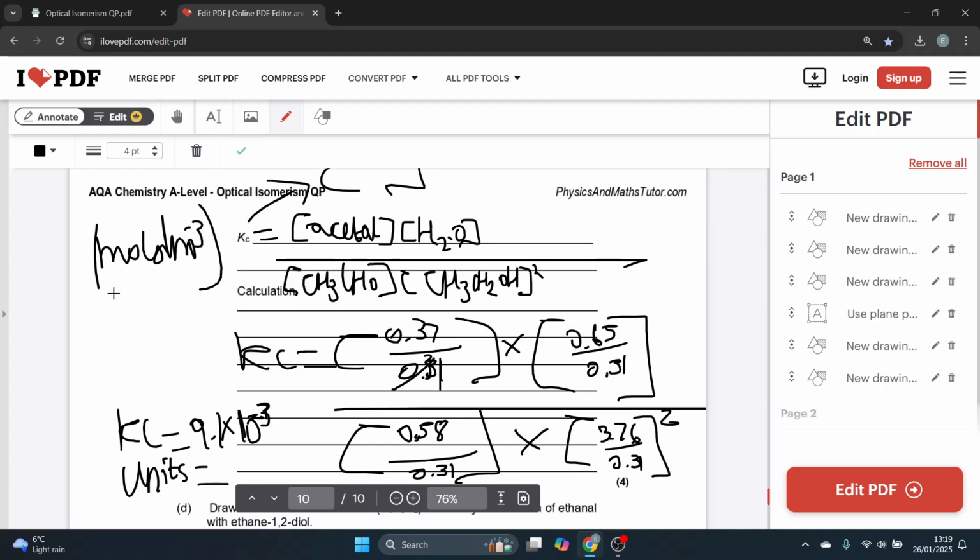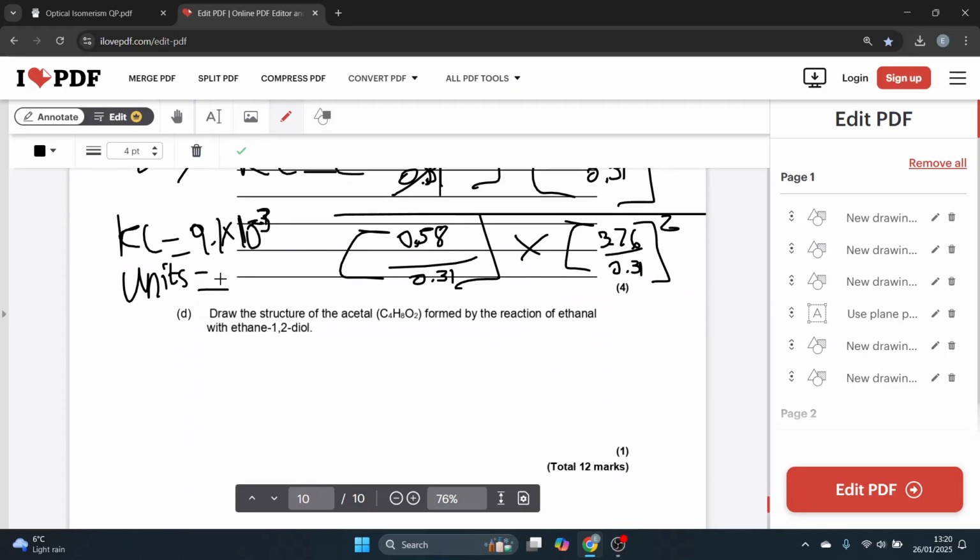Got 1 moles per dm cubed here, 1 moles per dm cubed, and the numerator squared divided by moles per dm cubed, because that's to the power of 2, that should be to the power of 1. So that'll cancel out, and I'll be left with 1 over mole per dm cubed, which is just going to be the opposite of that, so it's going to be mole to the power minus 1 dm cubed.